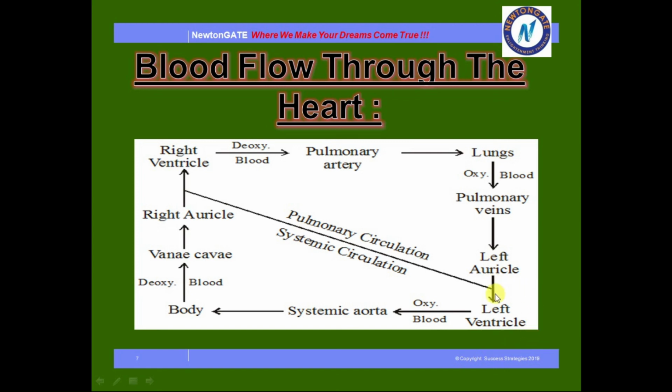From the left ventricle, through the systemic aorta, oxygenated blood is transported to the entire body. Okay, students? This is the entire process of blood circulation in the heart. Now, circulation is of two types as we have learned before also. The circulation between the heart and the lungs is called pulmonary circulation. And the circulation between the heart and the body is called systemic circulation.